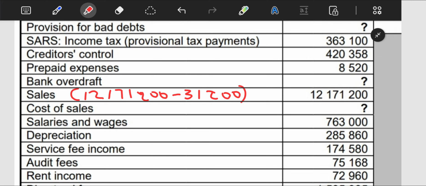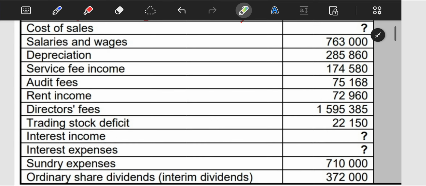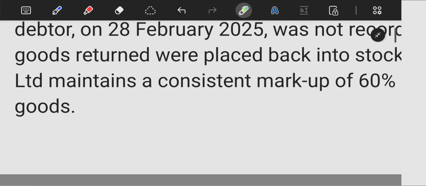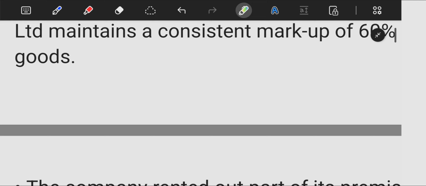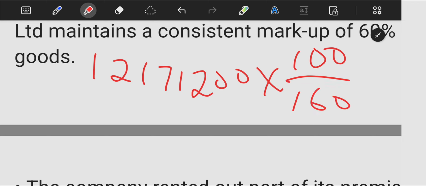This is also going to affect your cost of sales. Remember, the examiner didn't give you the cost of sales here, but with the information you got, that they maintain 60%, you can get your cost of sales based on this amount, 12,171,200. 12,171,200 multiplied by, you need your 100% inside the 160.